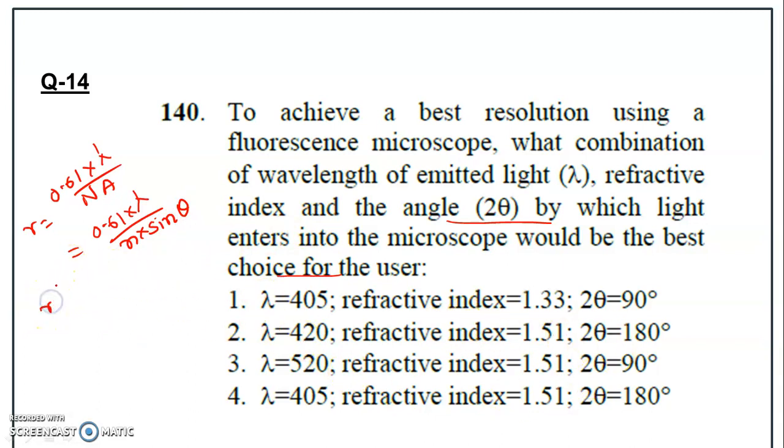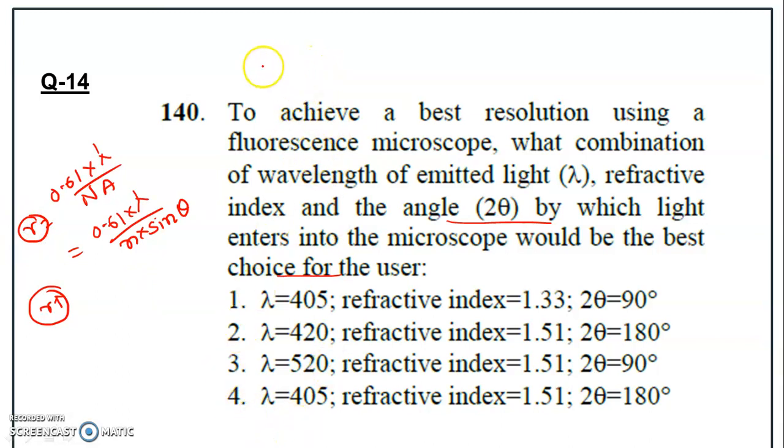Higher the value of r, the resolving power is less. So limit of resolution high means resolving power is less. We have to find in which option r has the lowest value, so now you can put in the data.